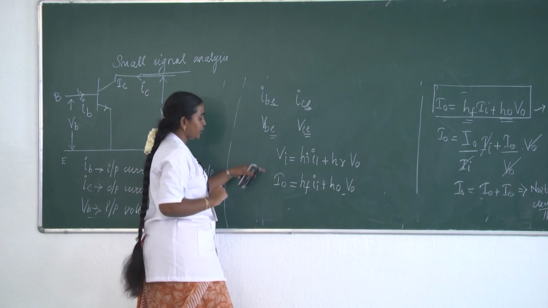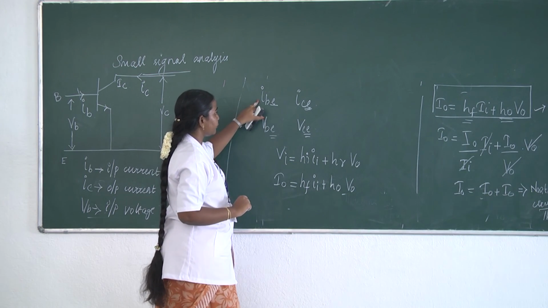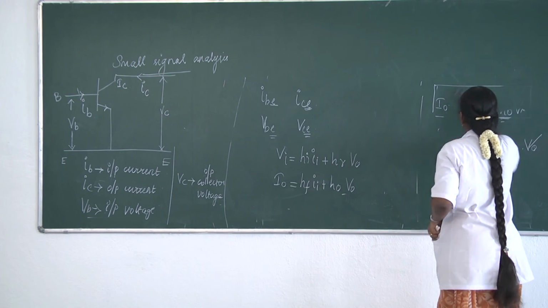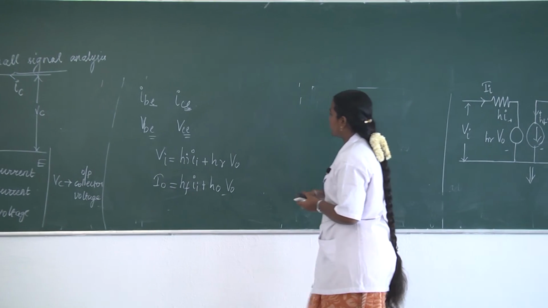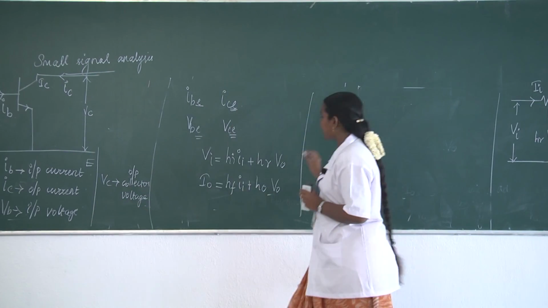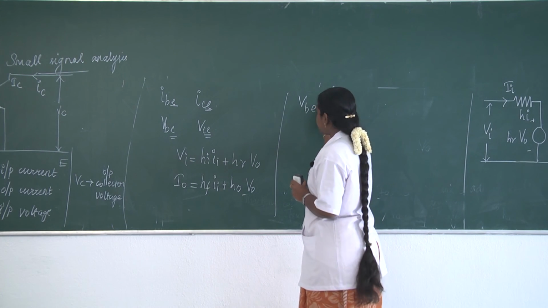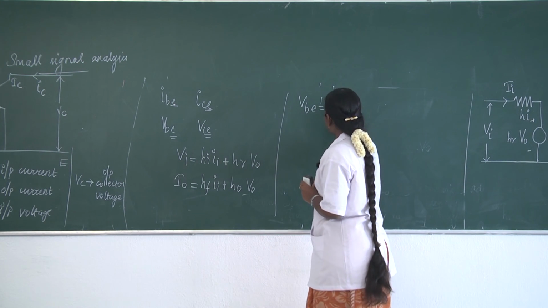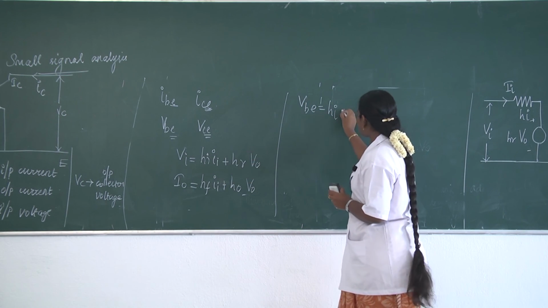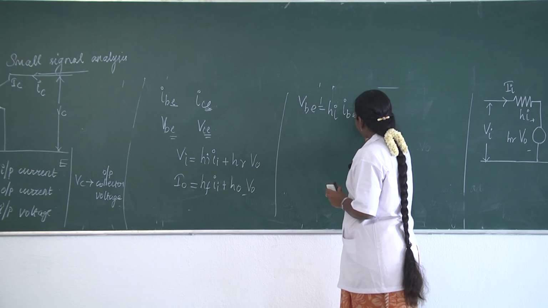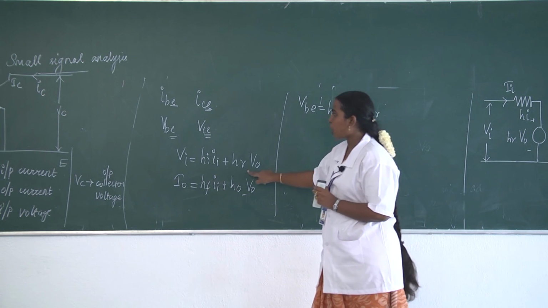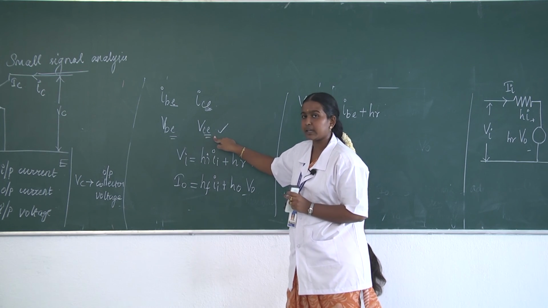So now I am going to write the equations in terms of the CE configuration. First I know that the input voltage is nothing but VB. So I can write it as VBE is equal to hi, the input resistance, and after that the input current is IB, so I am going to replace that as IBE, plus I have hr, and after that I have the output voltage. I know that the output voltage is VCE.